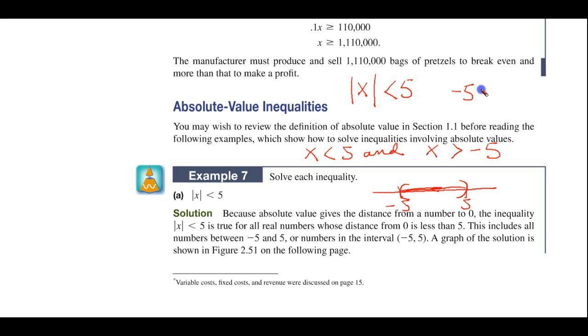And another way to think of this was negative 5, then x in the middle here, and a positive 5, and we've done some like this. So whenever the inequality of an absolute value is less than, it's going to end up in this shape.